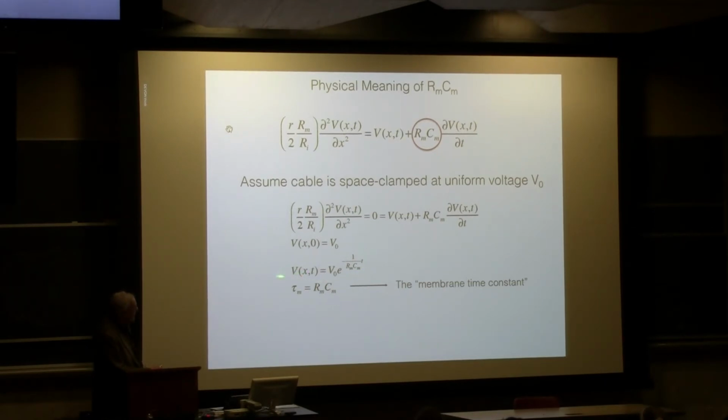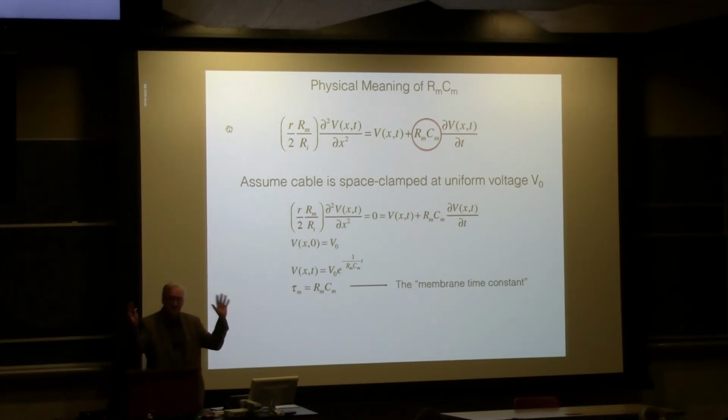And it's this, right? So at any x and any t, the voltage, if we impose that voltage at time 0, set voltage everywhere at time 0 along the cable, and then shut off all of the charge that is needed to maintain that voltage. The picture you should have in your mind is that initial charge to set every location of that giant squid axon to voltage V0.